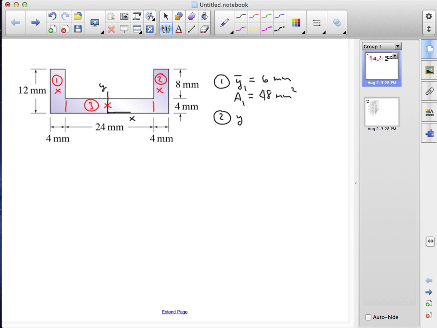It's going to have the same y centroid at 6 millimeters and the same area of 48 millimeters squared. For the third area, its center is at 2 millimeters, and its area is 24 by 4, or 96 millimeters squared.